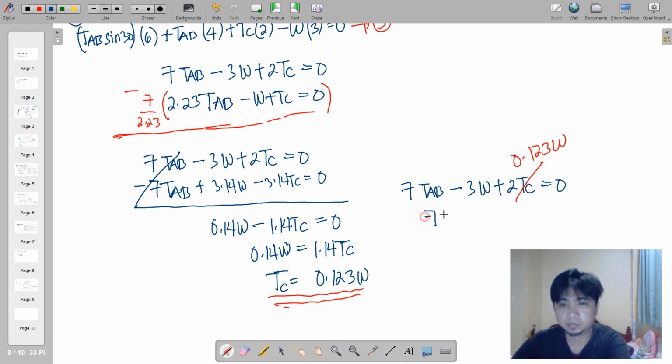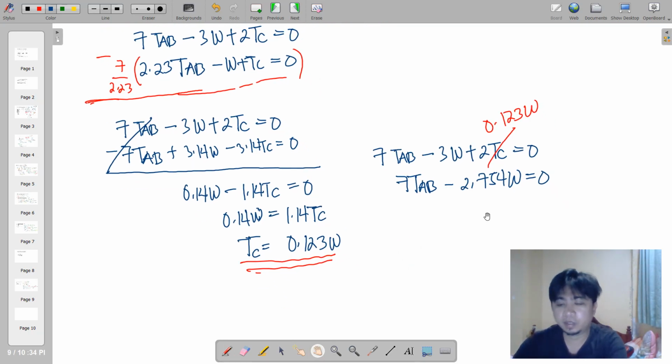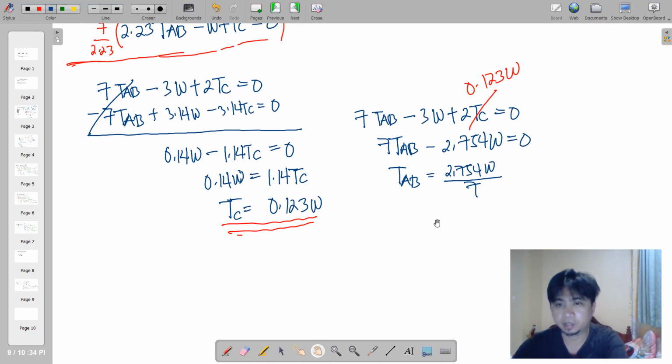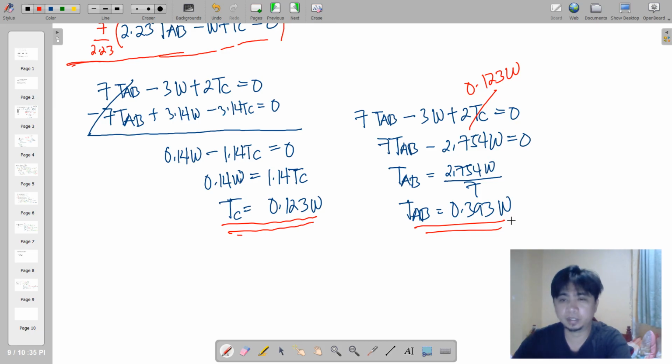Say this remains to be 7 TAB, and then we have negative 3 plus 0.123 of W times 2. So we have here 2.754 W, that's negative. And then solving for TAB, we'll just have to transpose that and then divide both sides by 7. So we have TAB now in terms of W, that is 0.393 of W.